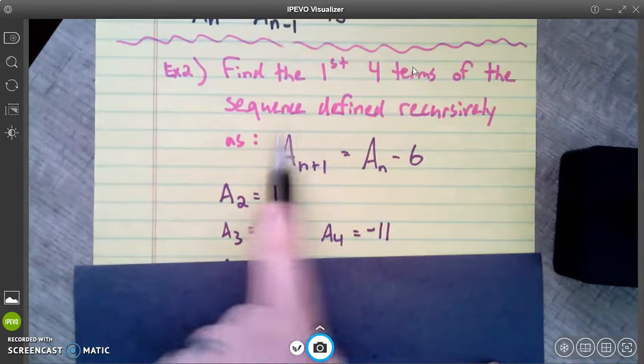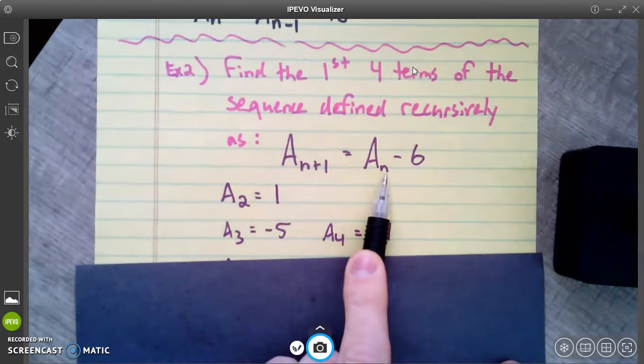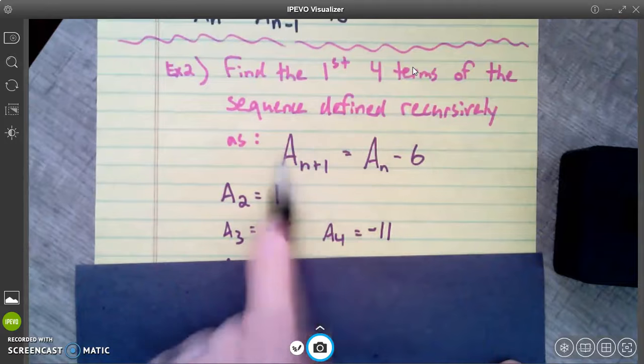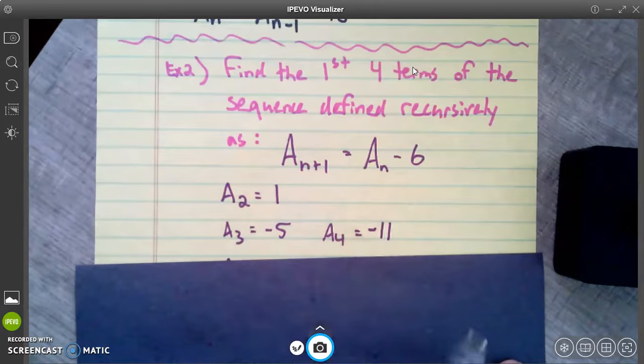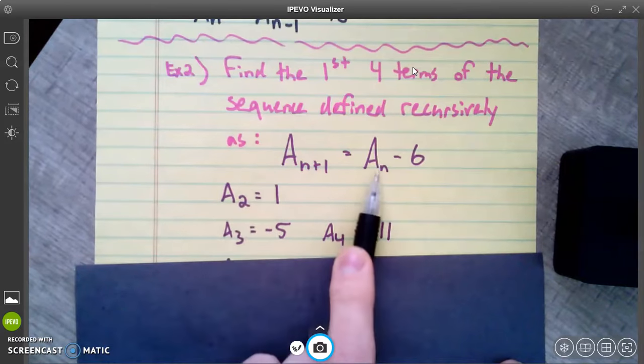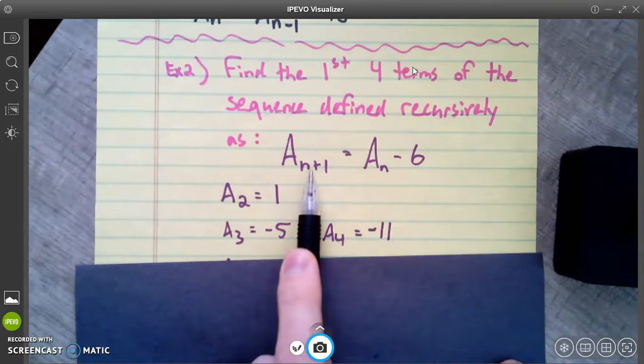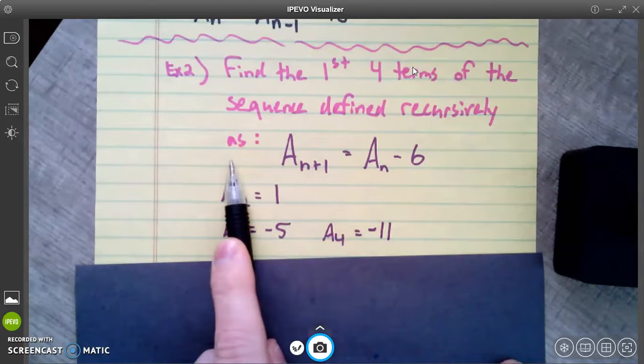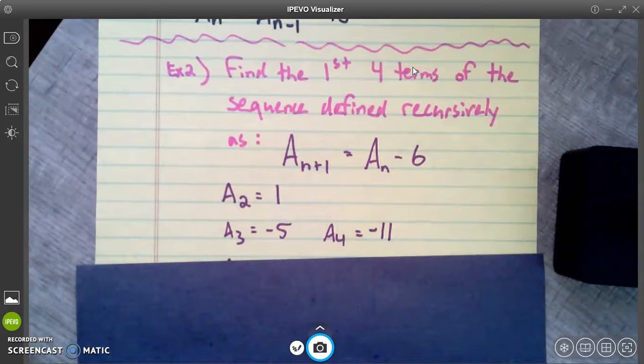A sub 2 is 1. And if I put in a 1 here, that's what I would be looking for. I could solve this equation, basically, and make a new recursive relationship for going backwards. So I could just add 6 to the other side, and then it says to find the term before, you take the one after and add 6.